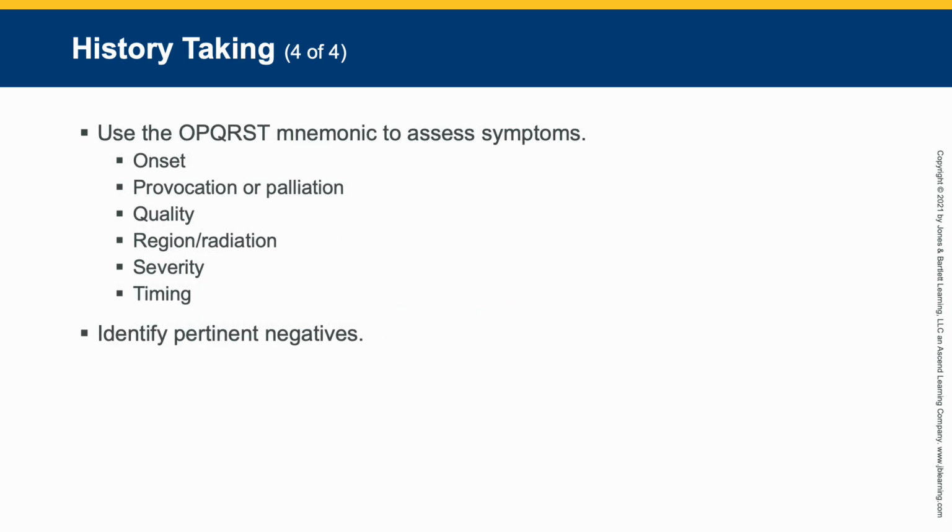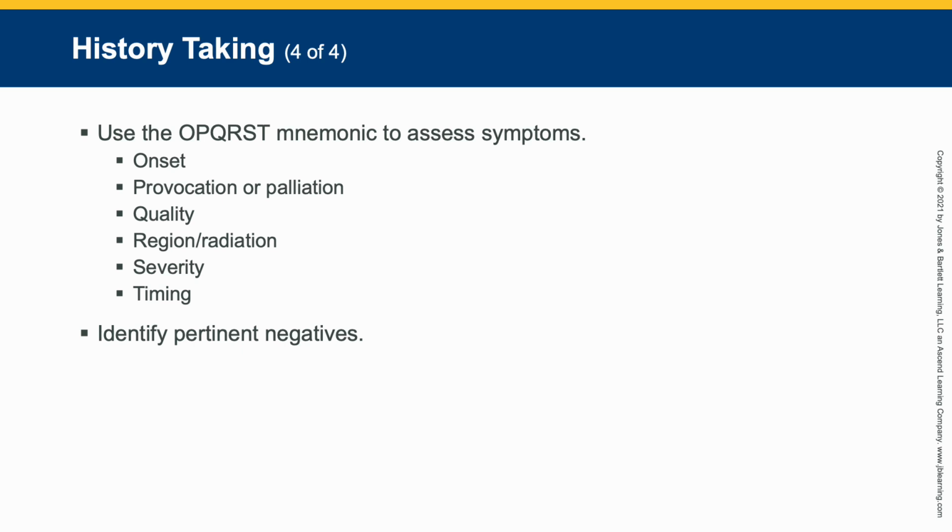Now, to structure your questioning, we're going to use a tool called the OPQRST. This is a mnemonic that's going to help us investigate symptoms, especially pain or discomfort. Okay, so O stands for onset. What were you doing when it started?